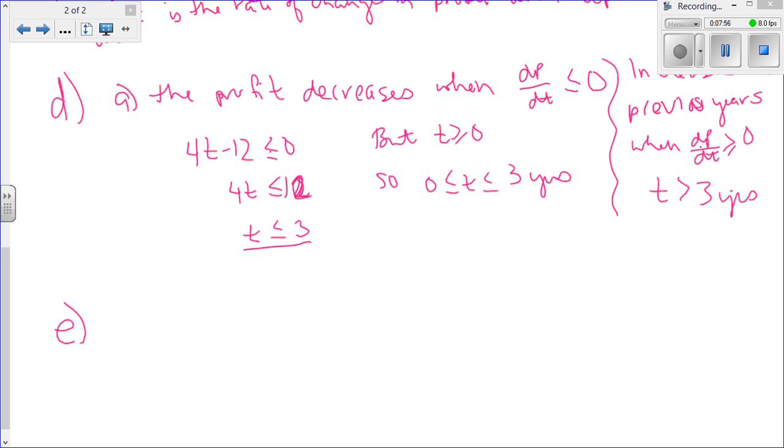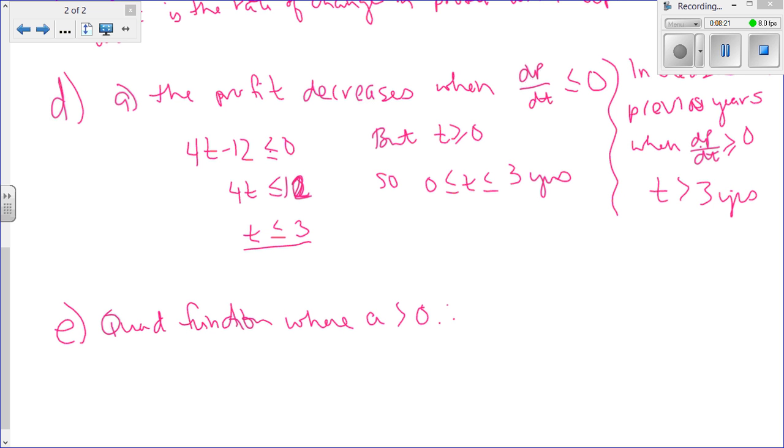For part E, what is the minimum profit and when does it occur? Well, this is a quadratic function. If we look at our original function, it's a quadratic function, and a is greater than 0.